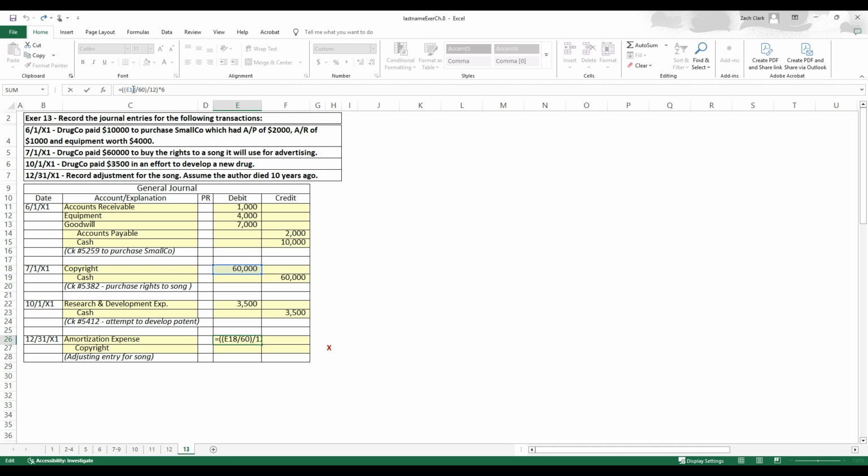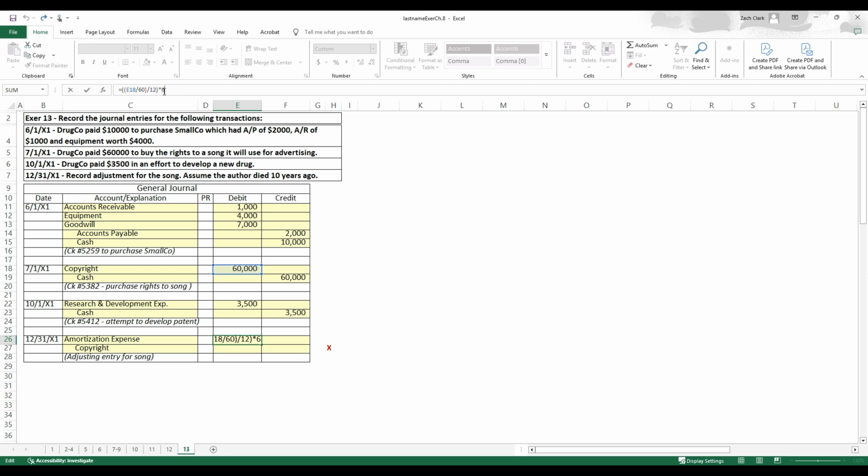So it's a little confusing, but take the cost of the copyright, or what you paid for it, divide it by the number of years left after the creator's death, with the max of 70 years, but 10 years have already passed, so we have 60 years now. And then dividing by 12 just gets us a monthly amount for that.